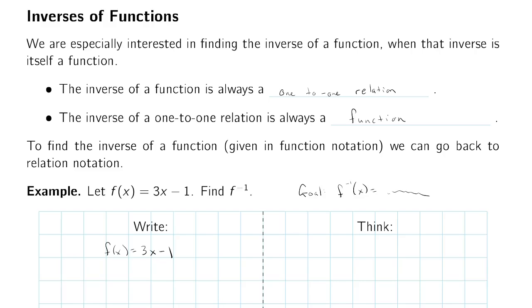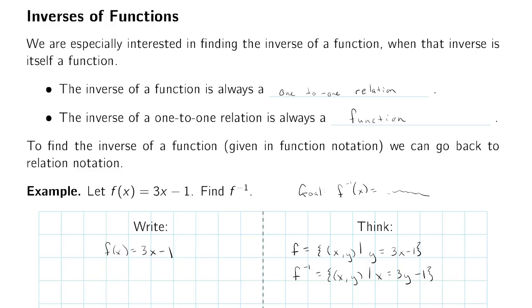But what's happening is that f is the relation consisting of all the pairs x, y, such that y equals 3x minus 1. And so f inverse is the relation consisting of all the pairs x, y, such that x equals 3y minus 1.